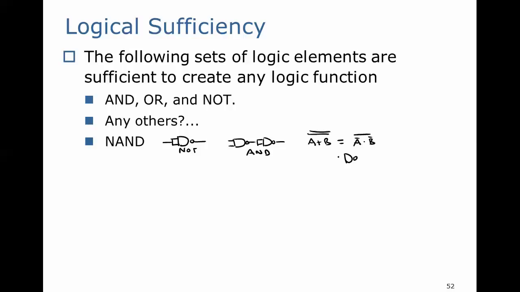So we have NOT, and then we just simply need to invert the two inputs, and this will get us our OR. So a NAND gate is sufficient to produce any logic function because we can create the three logic functions of AND, OR, and NOT. You can do the same thing for NOR, so I won't do it here.